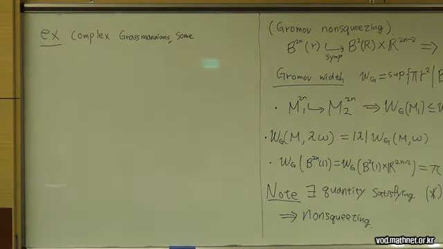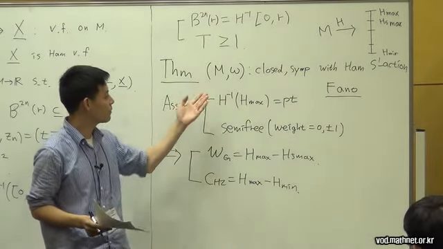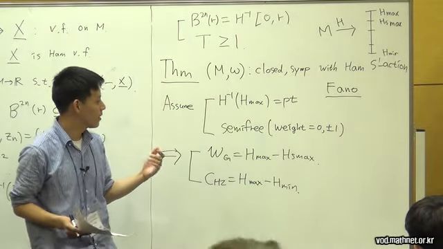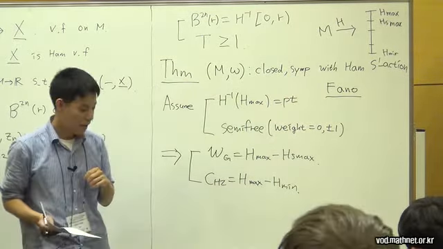So this should be Fano. What I mean by Fano is that every symplectic manifold has a compatible almost complex structure, and Fano means every holomorphic sphere should have positive area. And yes, this is the Fano condition.